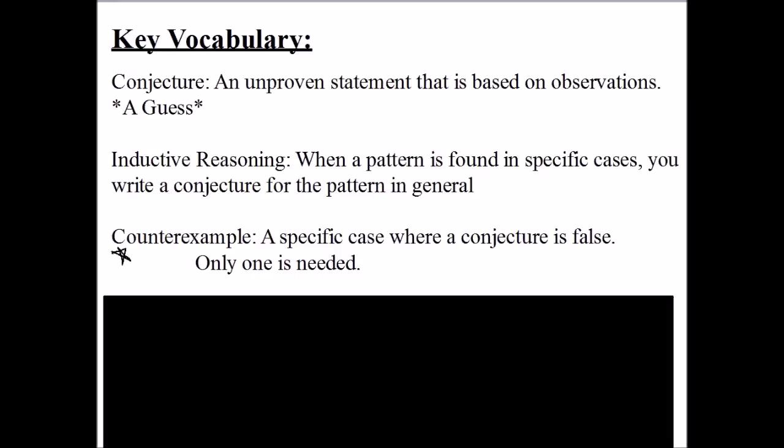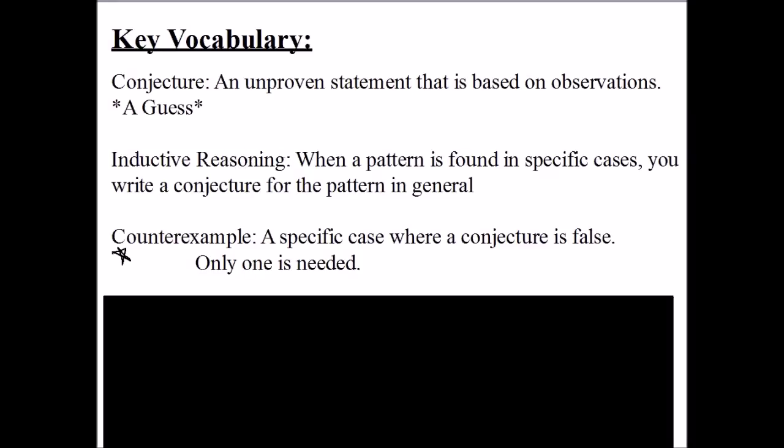The one thing you need to know about a conjecture is it needs to always be true. It's either always true or it's never true. When we say counterexample, you only need one case. If one case proves your conjecture wrong, then your conjecture is all the way off, and you need to come up with another one.